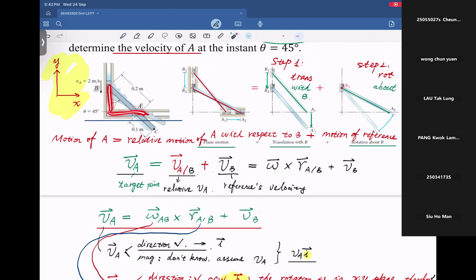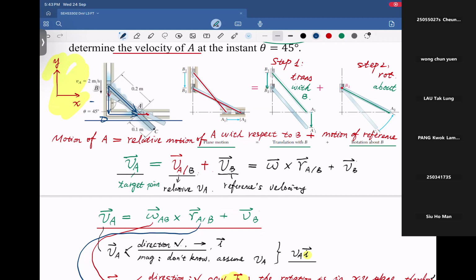From B to A, firstly along y downward to the A level, and then along x to the right hand side to A. So the BA vector is this one. I use point D: it is BD plus DA.